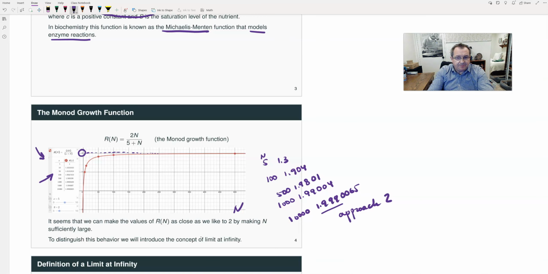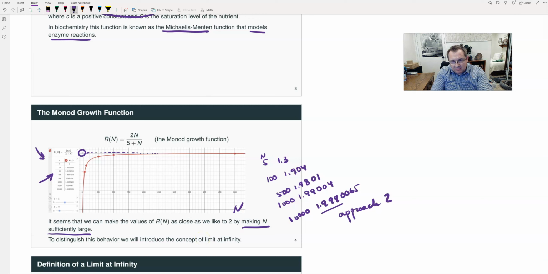At the same time, we realize that we can get as close as possible to the value of 2 by making values of the variable n sufficiently large.